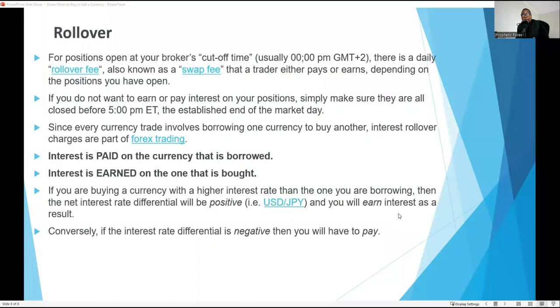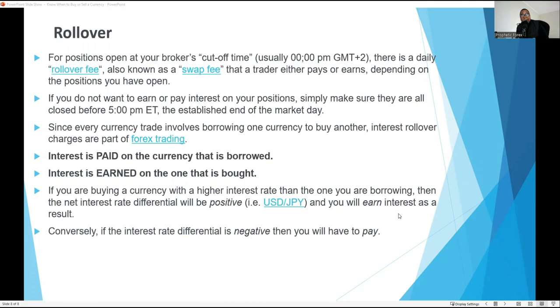And of course, we have what we call a rollover. Some of you know it as the swap fee or the rollover fee. Because we have different types of trading, like swing trading and intraday trading, for positions open at your broker's cut-off time, in our South African time, that's like midnight, GMT +2.